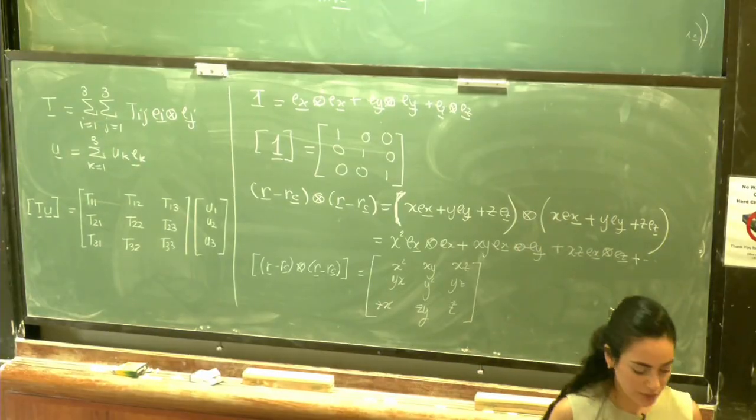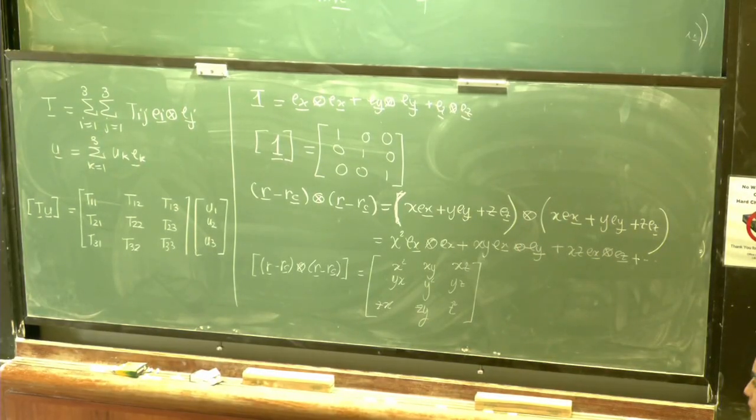Okay, so that's the matrix representation of this. Does that make sense? 9 terms total.